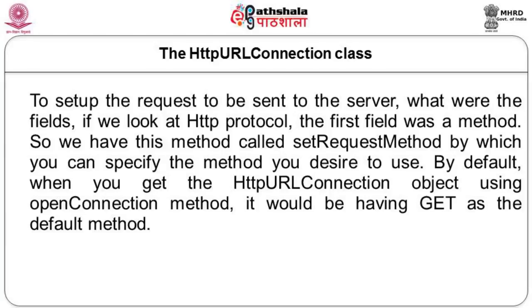We have a method called set request method, by which you can specify that you don't want to use the get method, because by default when you get the HTTP URL connection object using the open connection method, it would have get as the default method name.